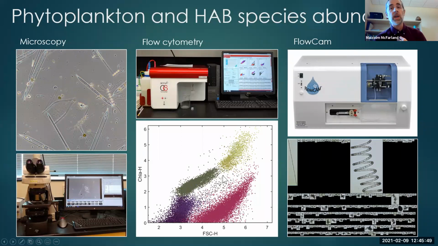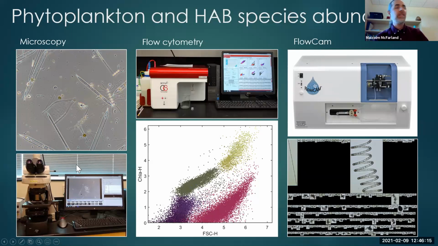So this is good for identifying certain organisms and counting them more efficiently than what you can do under the microscope. And then sometimes we also use an instrument which is sort of a combination of the microscope and a flow cytometer called a FlowCam. This takes pictures of all the different types of suspended cells that are in the water as it pumps a sample through a flow cell, sort of automating the microscopy process.